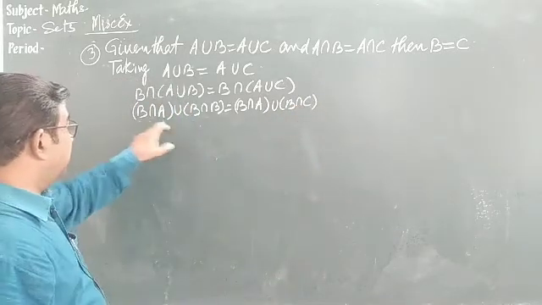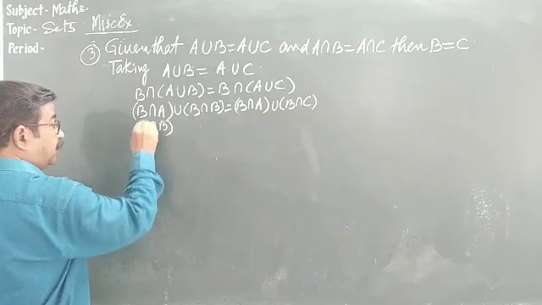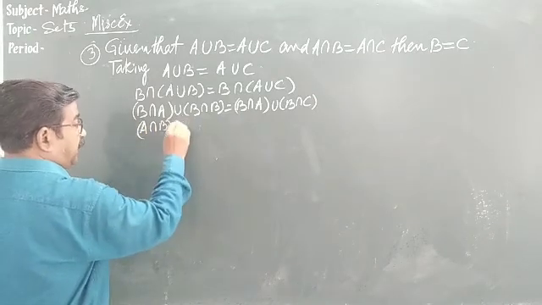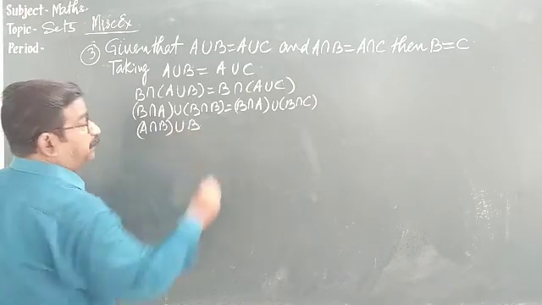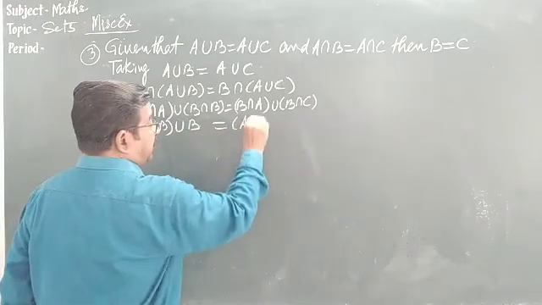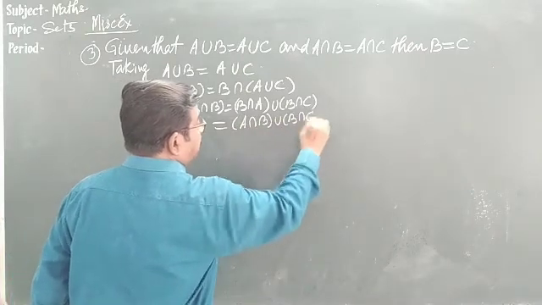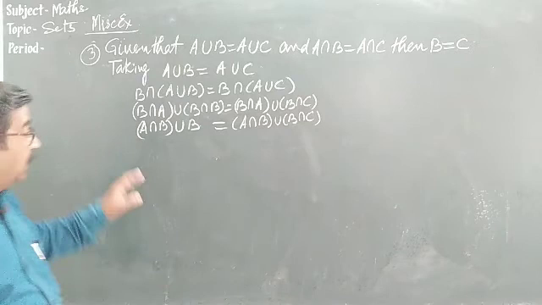B intersection A can be written as A intersection B, and B intersection B is equal to what? B. So on the right, B intersection A can be written as A intersection B, union B intersection C. See the left side.